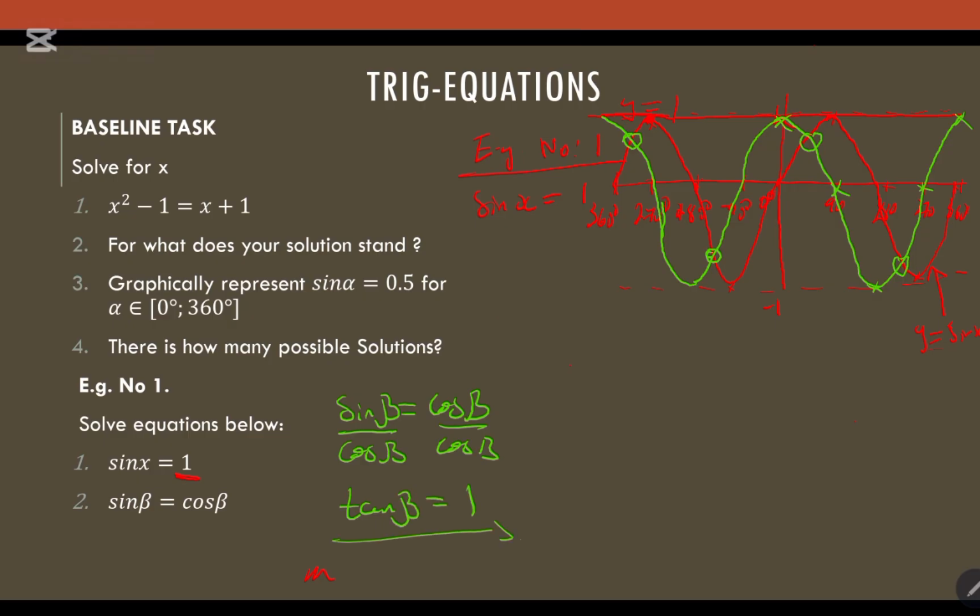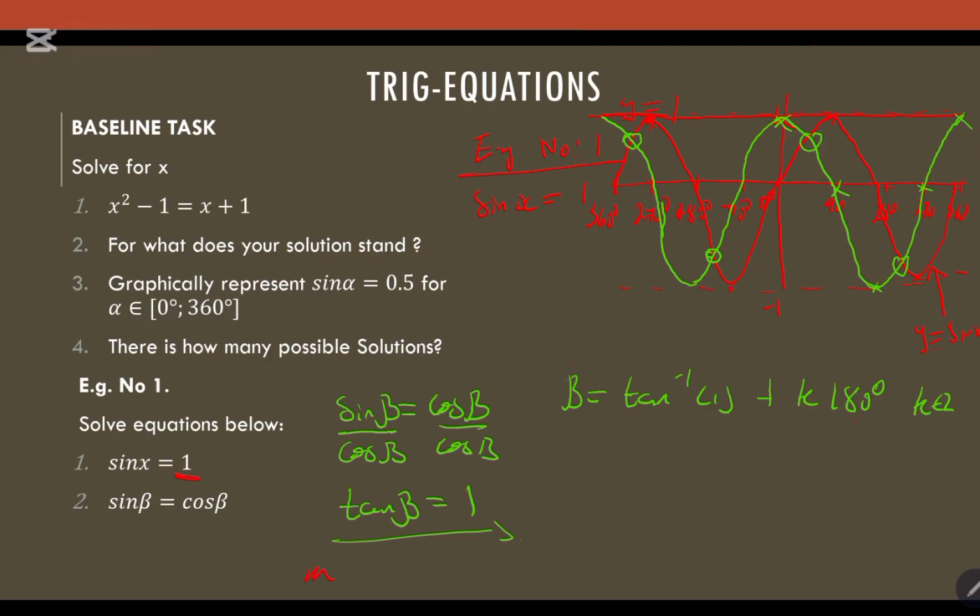Now, we have a tangent of beta is equal to 1, and we're going to look at all those forms of the trigonometric equations that involve general solutions of this. So we simply say beta is equal to the arctan of 1 plus k times the period of that graph, which is 180, and k is an element of integers.